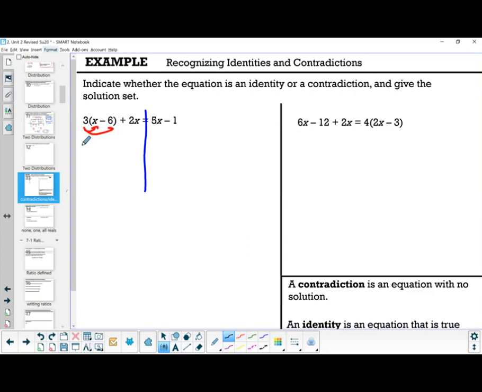So we have 3x - 18 + 2x. Now I can simplify that even more because 3x and 2x is 5x, and then minus 18. The right side of the equation, I'm going to bring that down.